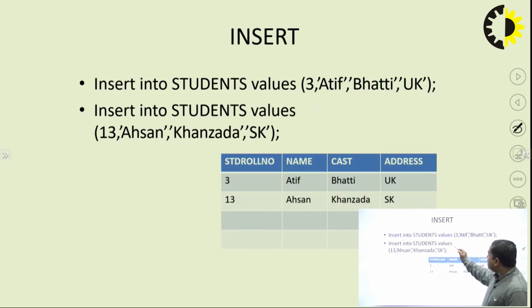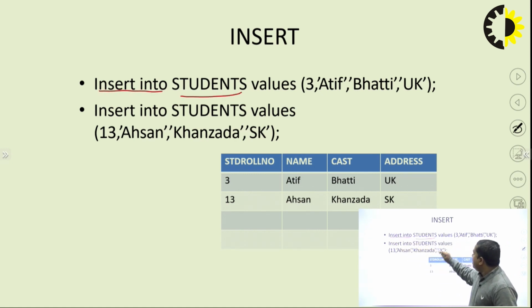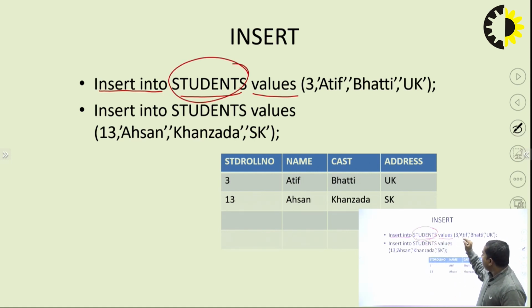For insert, the syntax is insert into table values. This is the table name, and whatever values we are going to insert are defined within brackets, and we need to remember that all character values are written within single quotation marks. For example, here we have student roll number, name, caste and address.